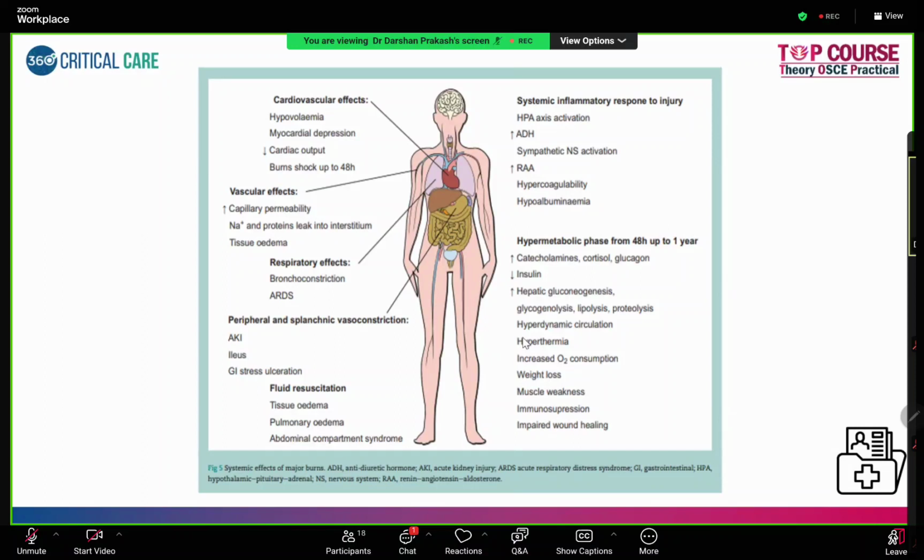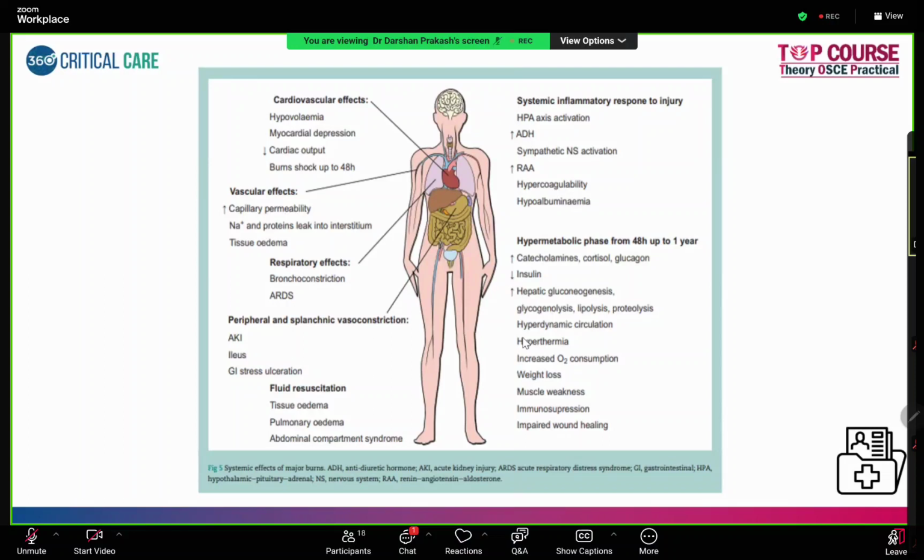Coming to the splanchnic circulation and the peripheral circulation, because of hypovolemia and decreased cardiac output, the patient can develop acute kidney injury. Because of increased capillary leak and loss of fluid, there will be electrolyte imbalance that can cause ileus. Because of increased release of catecholamines, the stress state sets in, and it can cause stress-related issues like a GI ulcer.